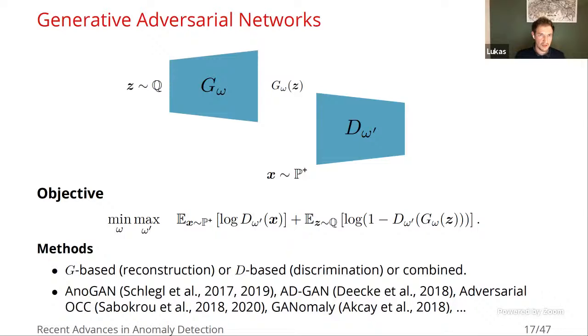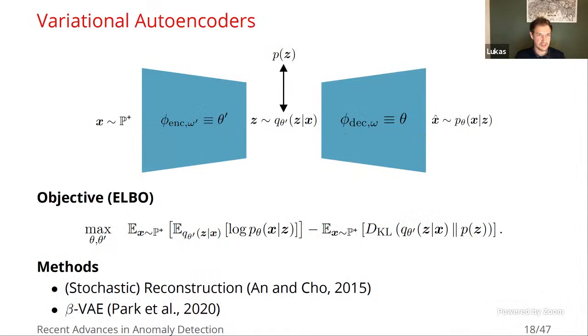And another class of models that you are probably very familiar with are variational methods, and especially variational autoencoders. They have been used for anomaly detection pretty early, by training them with the standard evidence lower bound, and then one can look at this ELBO, taking both the reconstruction error or reconstruction probability and the KL divergence term into account.